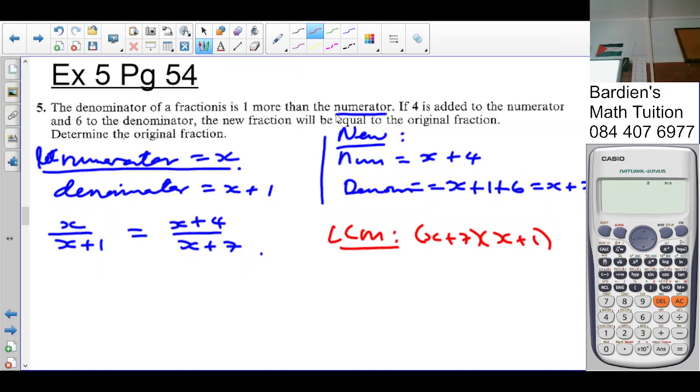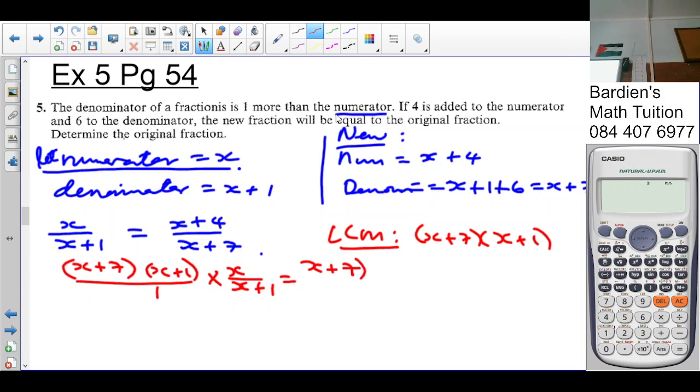Okay, listen. So what do you do? You must say (x plus 7)/(x plus 1) times x/(x plus 1) equals (x plus 7)/(x plus 1) times (x plus 4)/(x plus 1).